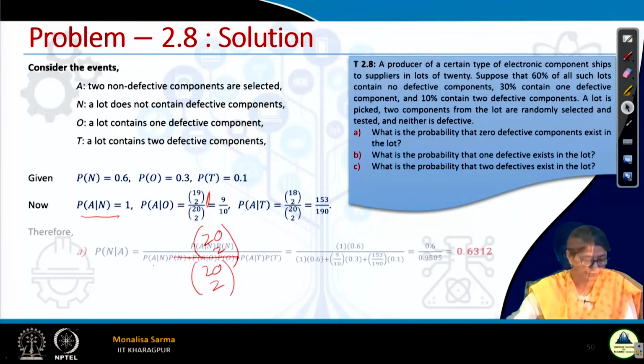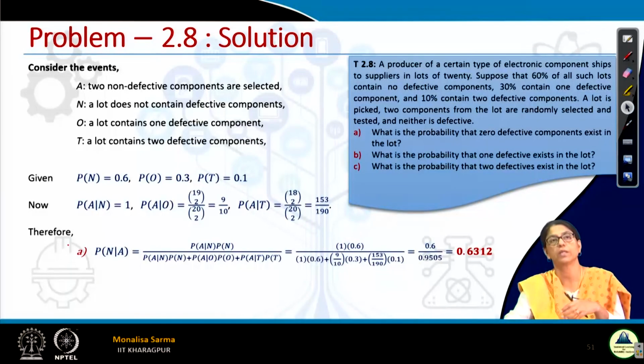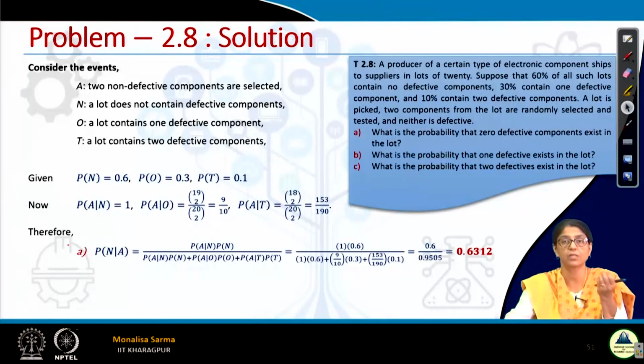Okay, fine. Now, what I need to find out is probability of n given A. Given that two non-defective components are picked, what is the probability that I have picked from n, that is no defective component? This denominator is the total probability which I have just shown on the blackboard, how we calculated it.